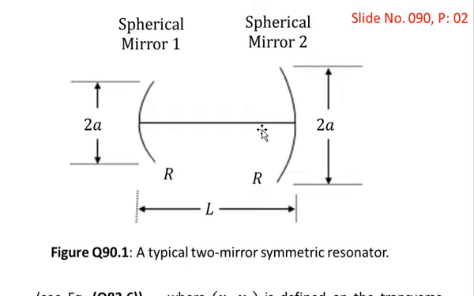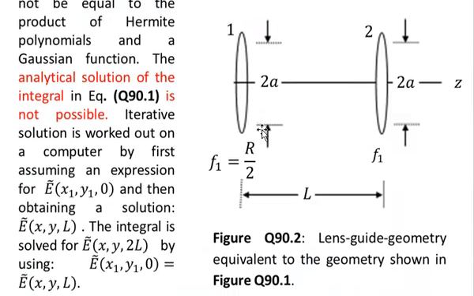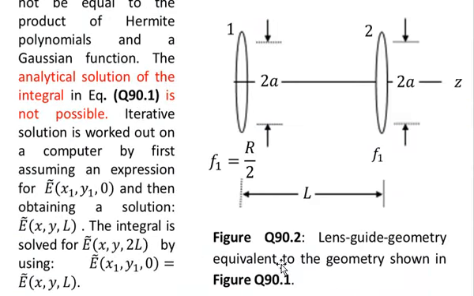And its equivalent lens guide diagram is shown in figure over here. The caption is lens guide geometry equivalent to the geometry shown in figure number 1. You can see that it consists of two lenses, lens 1 and lens 2. The aperture sizes of the lenses are shown, which are equal to 2a in both cases, and the optic axis or the z axis passing through the center of these lenses is also shown.